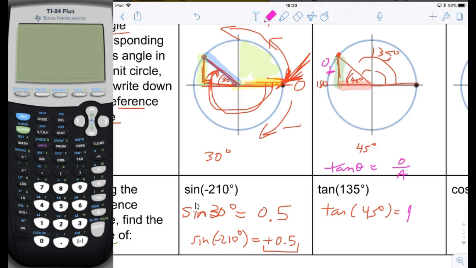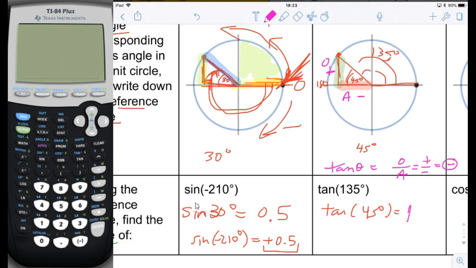And the red line is the adjacent, and it is negative, right, because it's pointing left. So the opposite is positive, adjacent is negative, positive divided by negative. If it's positive divided by negative, that is equal to negative, okay?